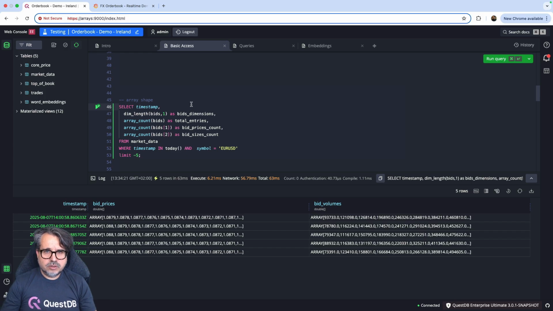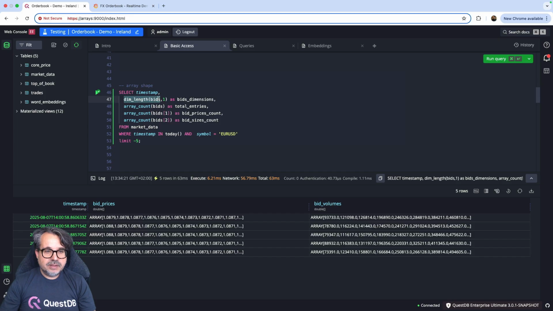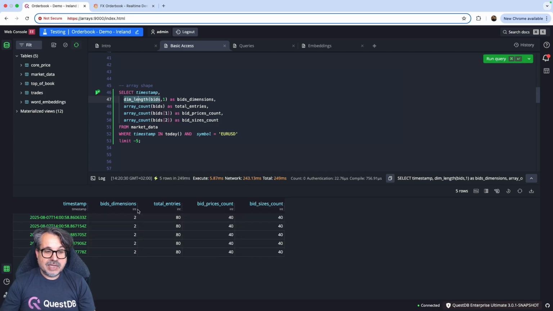I can also ask for some metadata about the array. I can ask how many dimensions I have on the bids. I already told you we define 2 dimensions, so we have 2 positions we can ask. So dim length will give me how many dimensions I have. Then I can ask in the bids array in general, considering all the dimensions, how many entries do I have? And in the bids array, when you consider both the sizes and the prices, we have 80 entries per row.